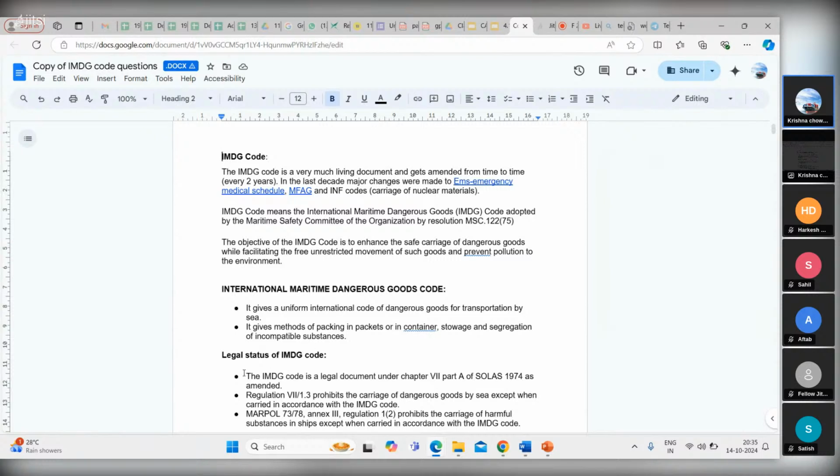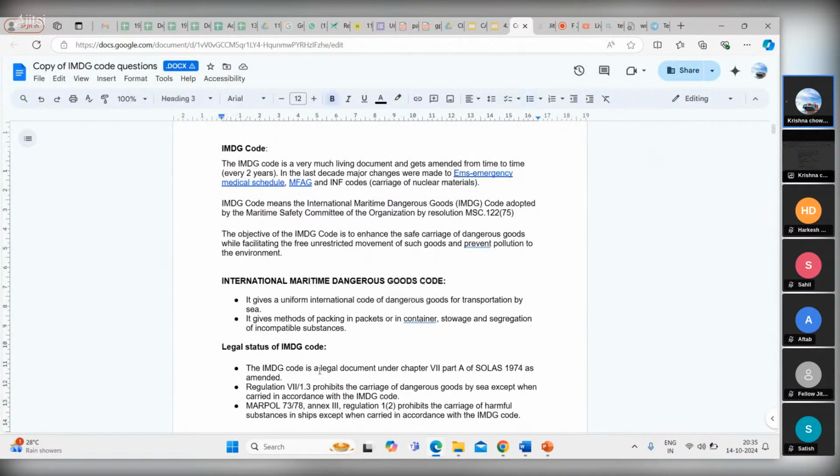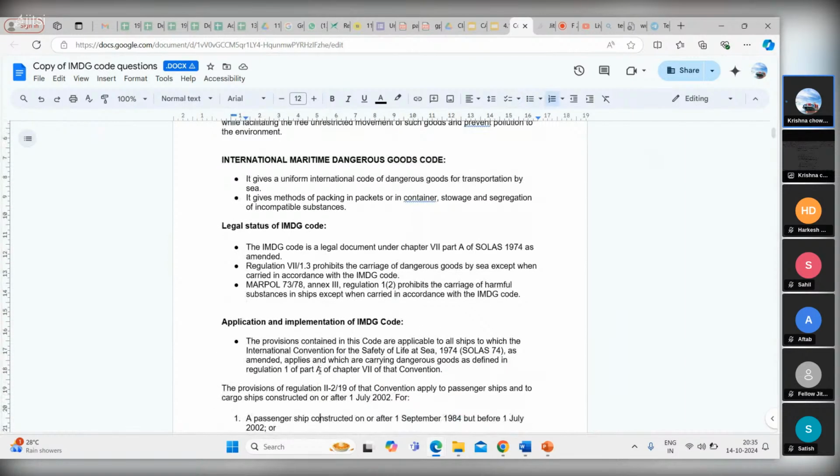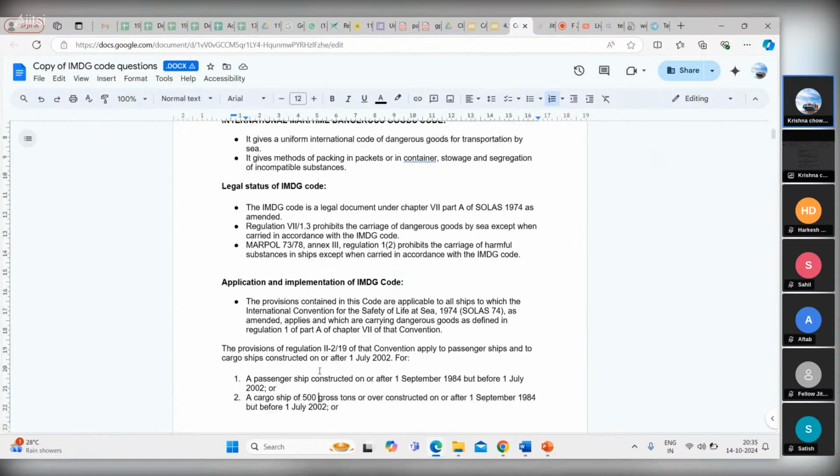Then of course it is mandatory as per SOLAS chapter 7 part A, which prohibits the carriage of dangerous goods by sea except when as per the IMDG code. Otherwise you cannot carry any cargo if you're not following the IMDG code.